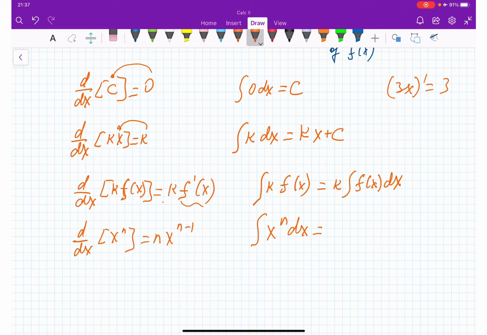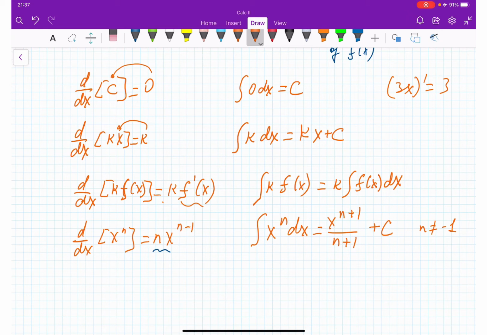If it was n minus 1, it's going to be x to the power n plus 1, divided by n plus 1, plus c. We need to note that n cannot be equal to negative 1, otherwise it will be division by 0. This is what we call the power rule.